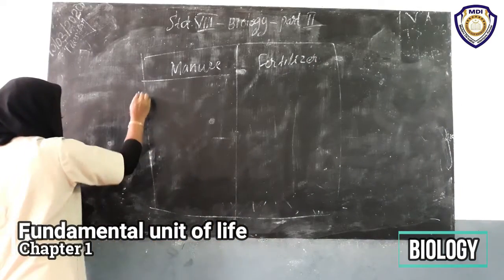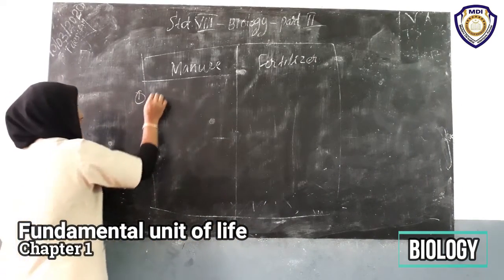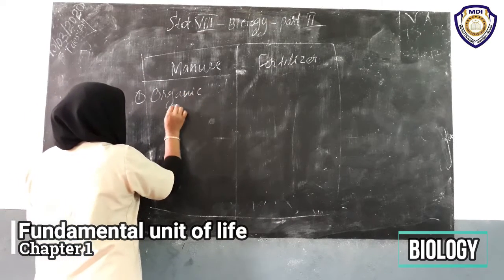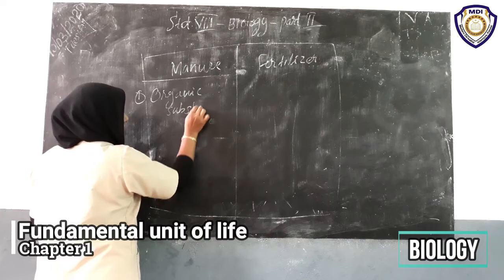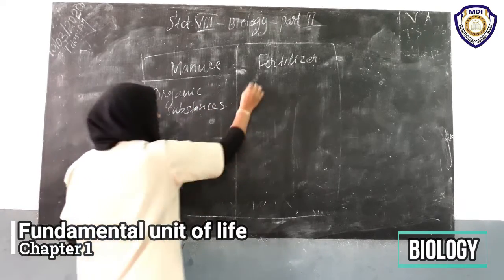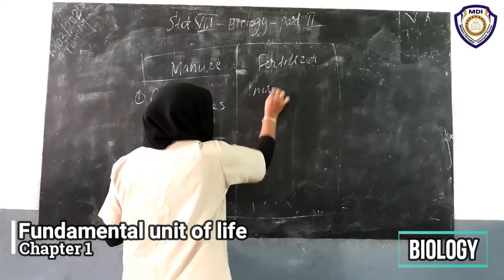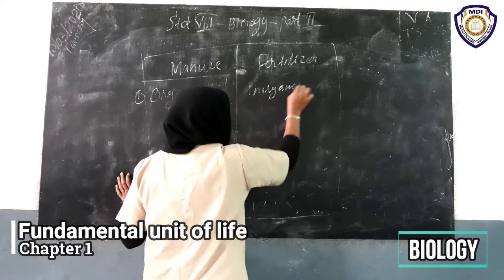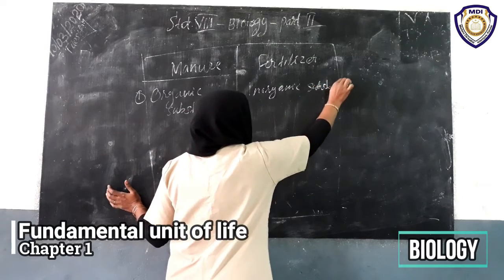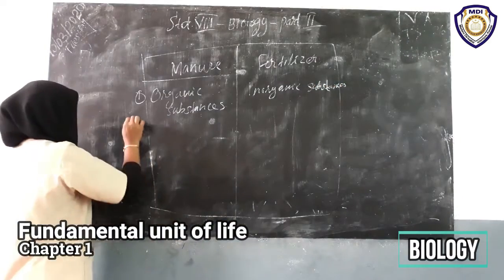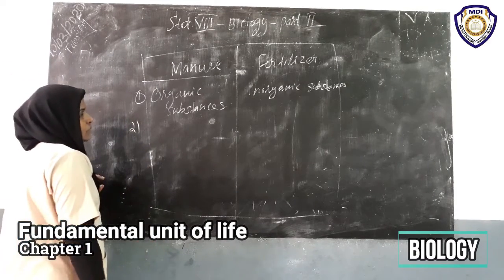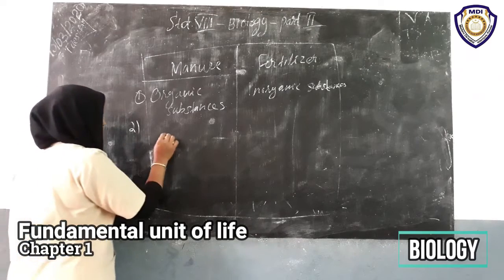So the first, manures are organic substances, while fertilizers are inorganic substances. Then the second one, manures are relatively less in plant nutrients.